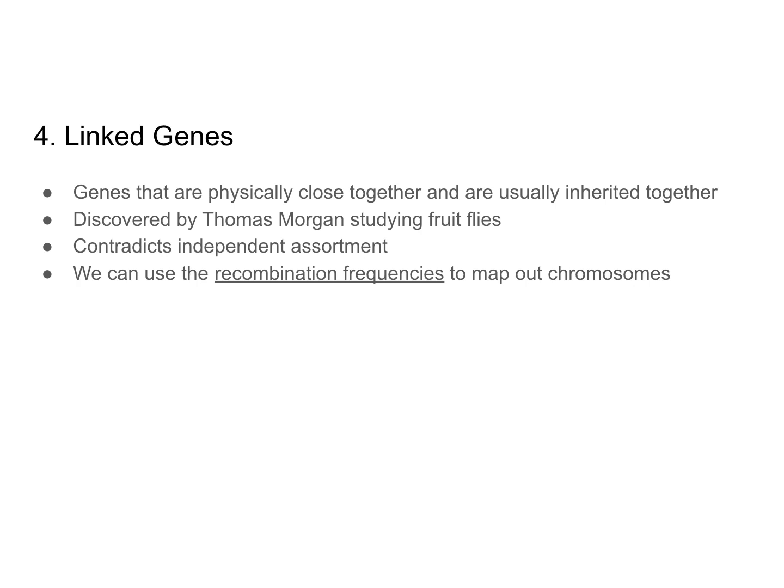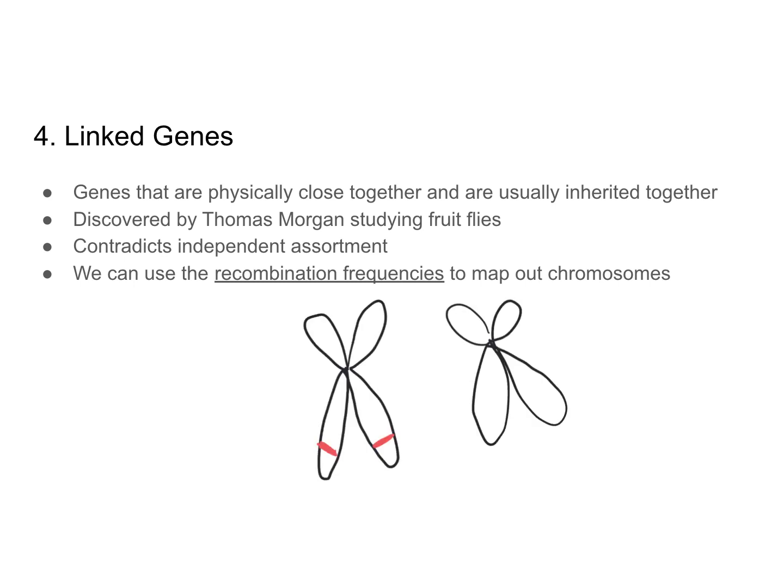The example that I typically give students is red hair and freckles. If you know somebody with naturally red hair, they probably have freckles. The reason why is, let's say these are homologous pairs and they're going to go through crossing over. The red mark here is the gene for red hair. Freckles is just next to that area.